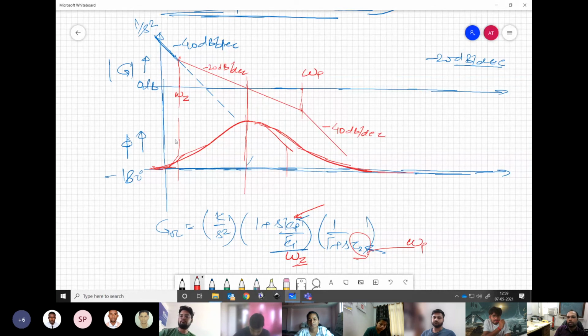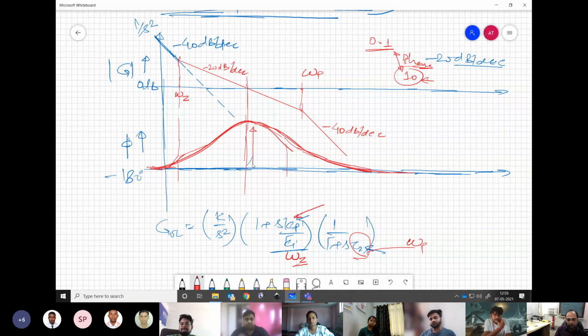Understanding my point? Rules we have understood, right? 10 times before the corner frequency up to 10 times of the corner frequency. This is where our phase changes approximately. So that one way you can take. But if you plot the exact Bode plot, something like this it will be appearing.